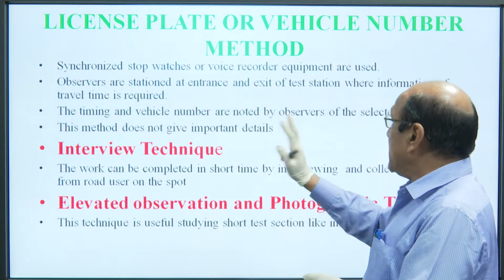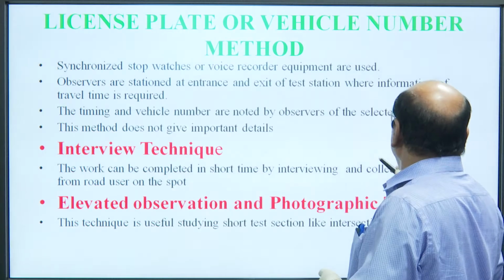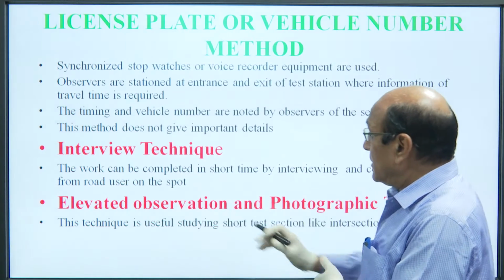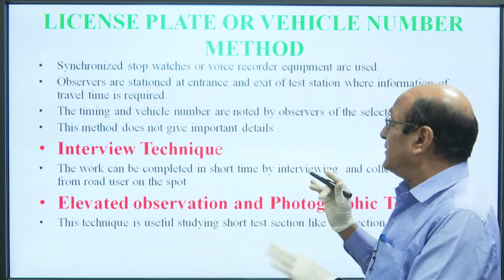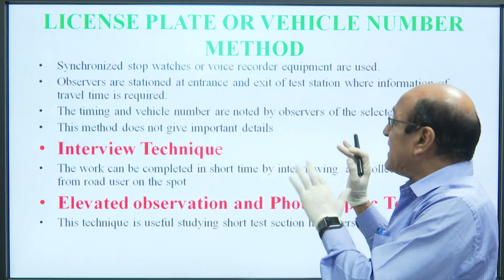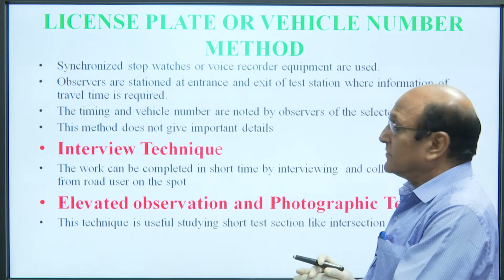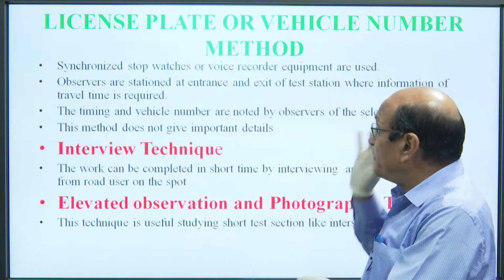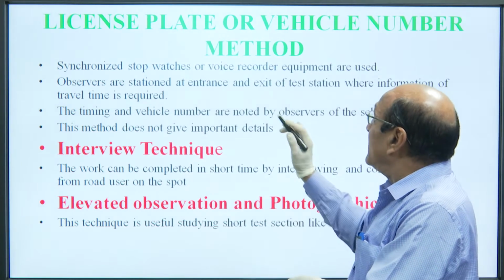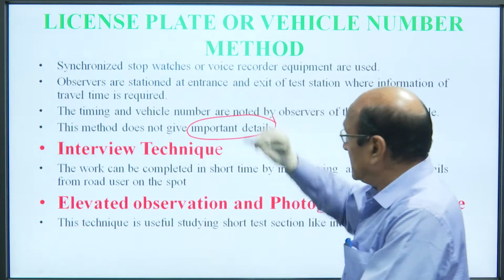The time and the vehicle number are noted by the observer for the selected sample. This method does not give the important details. So, though it is a method for counting, it will not give the important details.